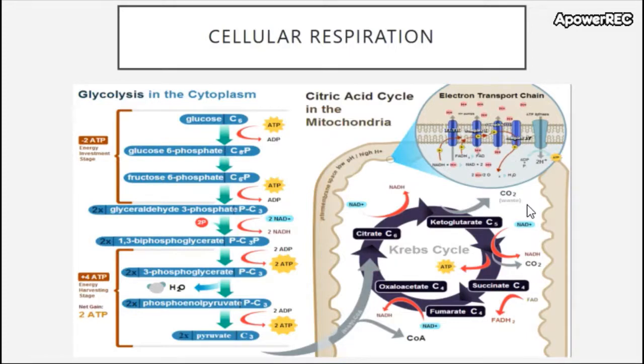You're going to need to know how much ATP is produced, a sum total of ATP in glycolysis and in the Krebs cycle and the electron transport chain in the total, as well as how much FADH2 and NADH is created from each. I know that seems like a lot, but we'll get through it.